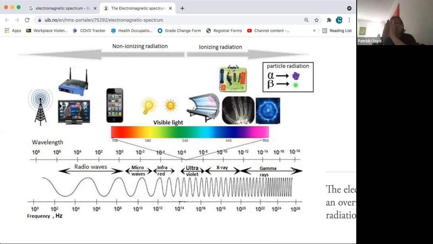If something is very short wavelength, it's going through a cycle very quickly. So it's going to be a very high frequency. So in both of those scales, the top one, which is wavelength, and the bottom one, which is frequency, the pattern is consistent, right? As the wavelength gets shorter, the frequency gets higher.